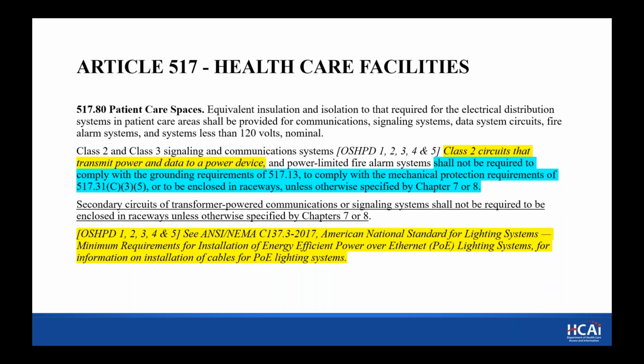It doesn't appear that that's what this code is saying. It says class 2 circuits that transmit power and data. So it doesn't sound like that meets this definition. So nope, but it's something I can certainly look into. Thank you, Jamie.